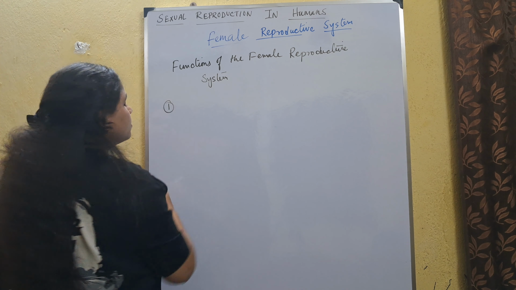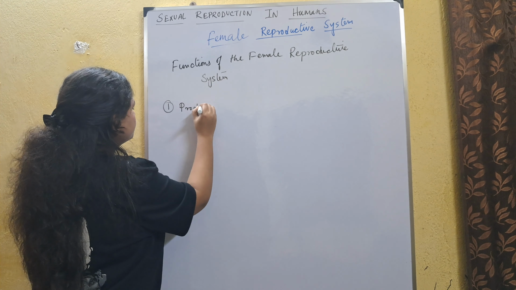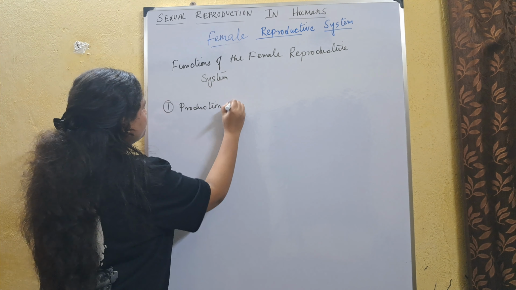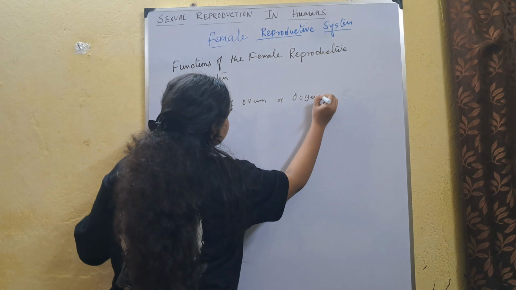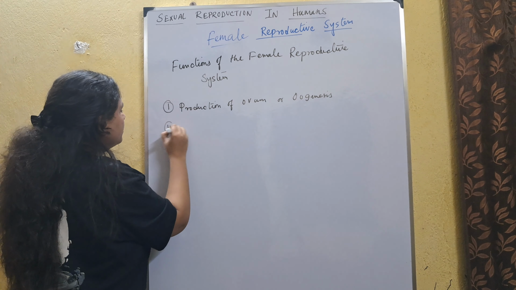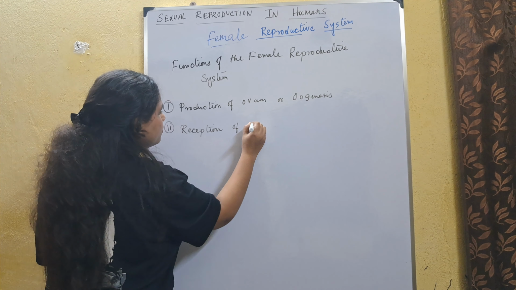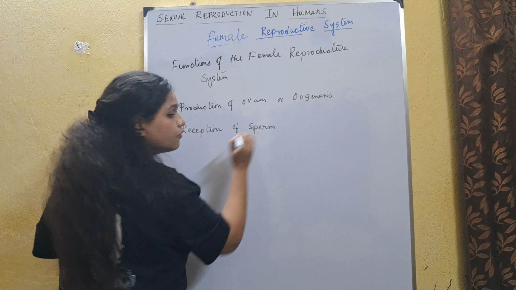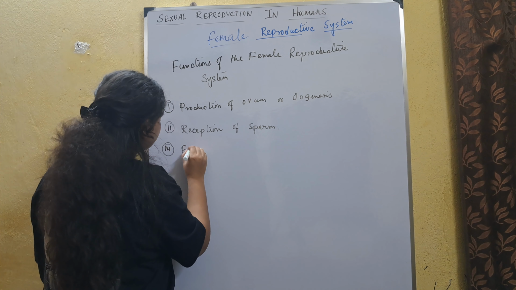The first function of the female reproductive system is production of the ovum, or oogenesis. The second is reception of sperm for fertilization. The third one is fertilization.